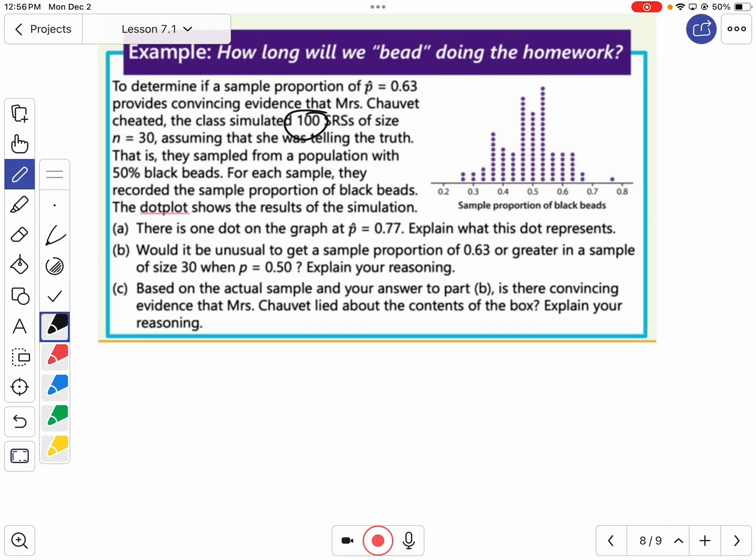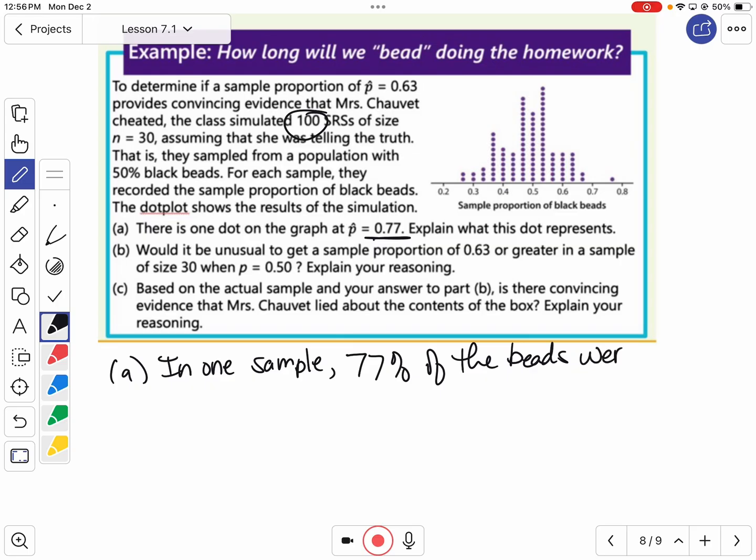There's 100 of them. So there is one dot on the graph at 0.7. What does it represent? That just means in one sample, if it's 0.77, what percent would that be? 77% of the beads were black. So that's just how to read it.